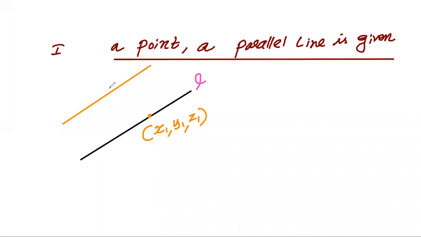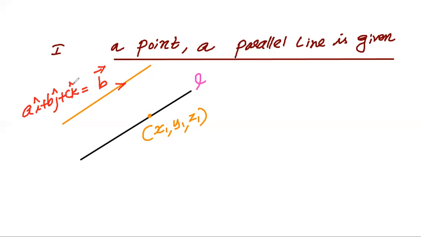Let me denote that line with a vector, vector b, equal to ai plus bj plus ck. We know that a straight line in vector format can generally be denoted by xi, yj, zk. We have learned that in the chapter on vectors.